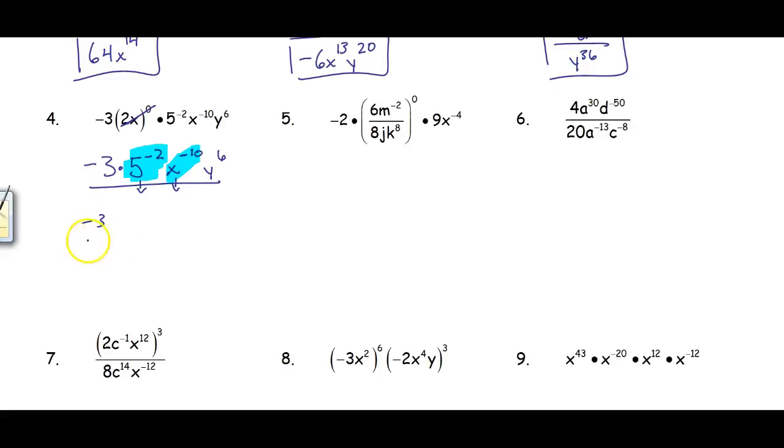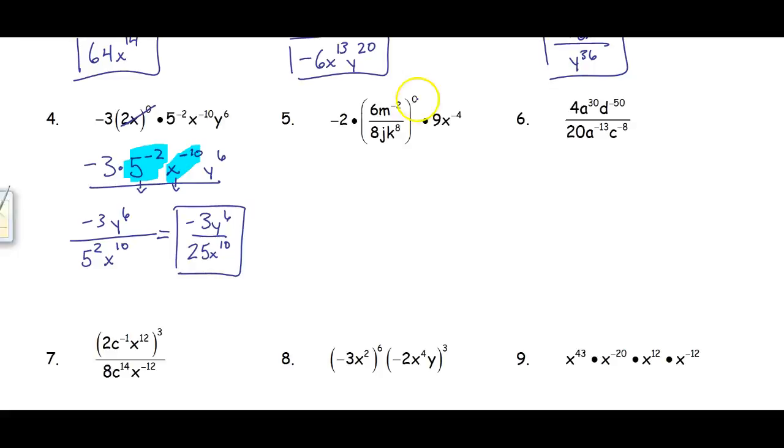So -3, y to the 6th is left on top. And we're going to move 5 squared x to the 10th to the bottom. Okay, finish your problem. You get -3y to the 6th over 25x to the 10. If you could, you would simplify -3 over 25. You can't, so there's your final answer.